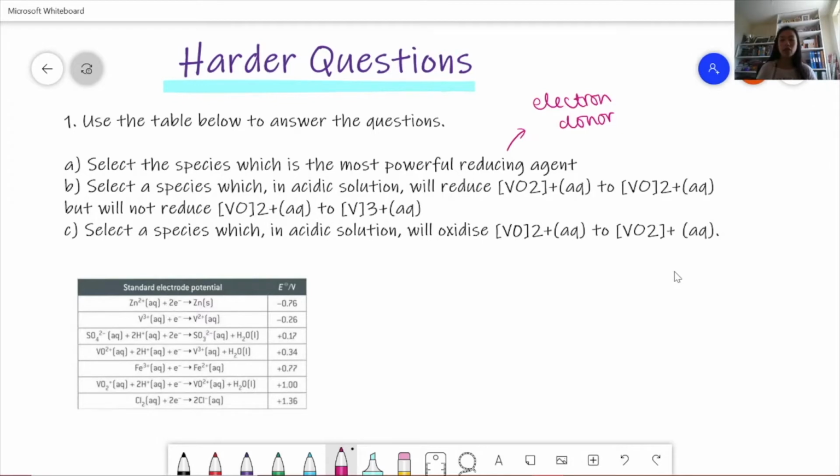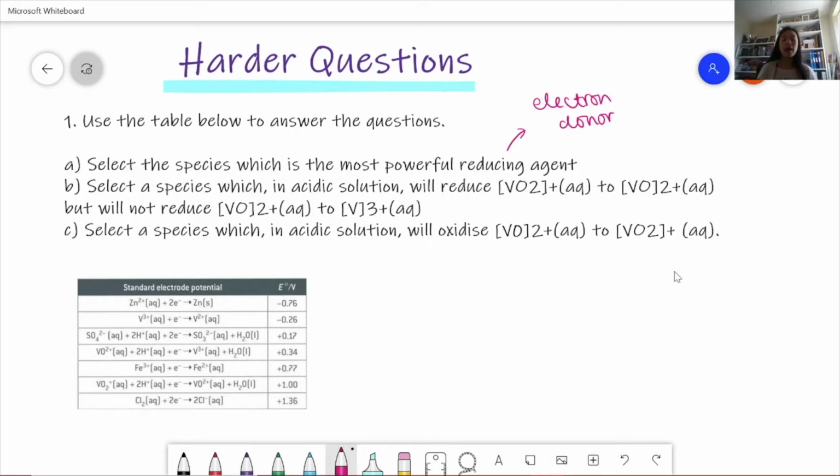And first of all, what we think is: does a half cell that has a more negative standard electrode potential have a better reducing agent than the more positive standard electrode potential, or is it the other way around?